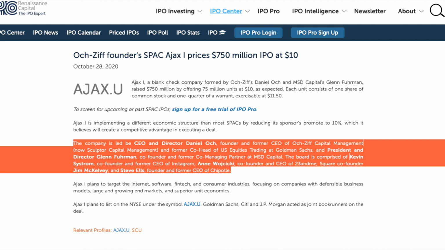Then the board is comprised of Kevin Systrom, co-founder and former CEO of Instagram, and Wojcicki, sorry if I'm getting these names right, co-founder and CEO of 23andMe, and Square co-founder Jim McKelvey, and Steve Ells, founder and former CEO of Chipotle. So that's some pretty big CEOs there. A lot of name dropping in that introduction, but that normally would give you a lot of confidence that this leadership team will be able to get something done, right?